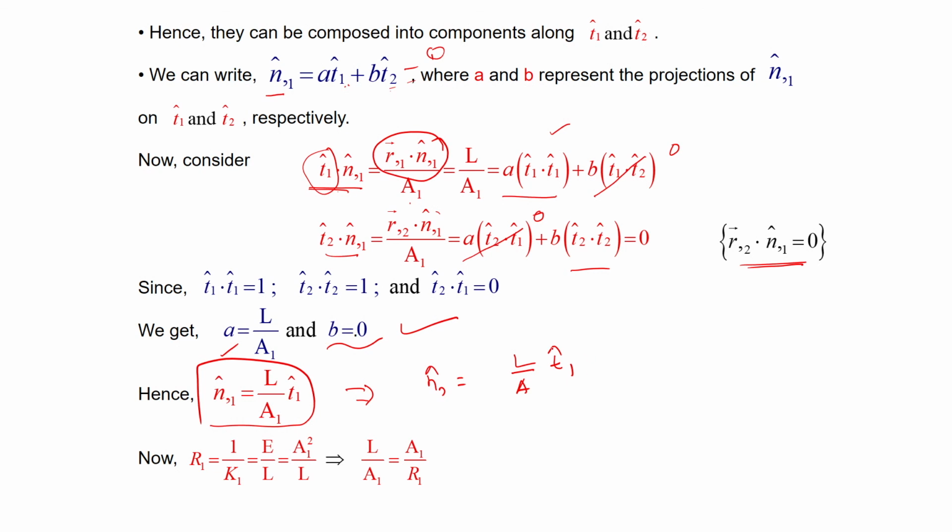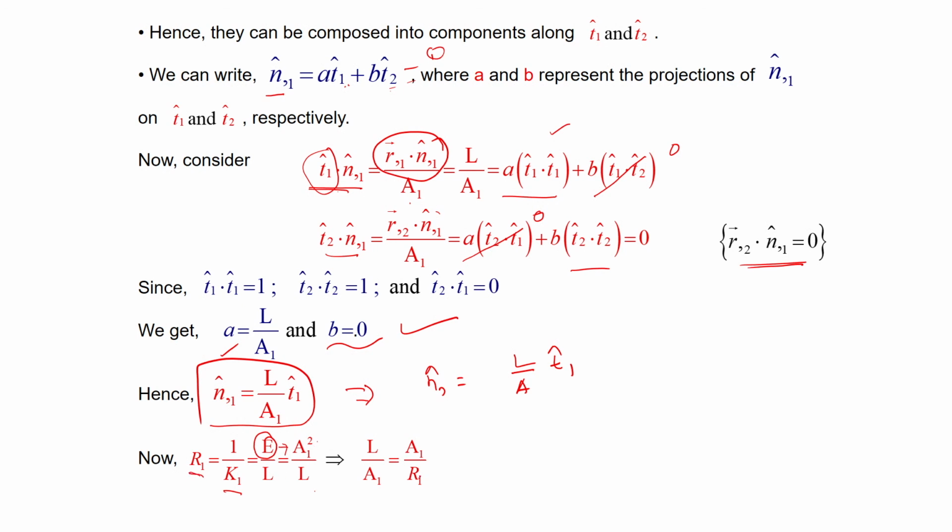Now, we will further simplify it. If R1 is equal to 1 upon K1, the radius of curvature, and that can be written as E by L, and E is the square of the Lamé parameter. So L by A1, from here R1 is here and A1 goes from here.